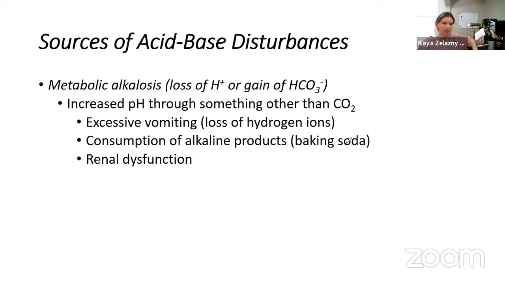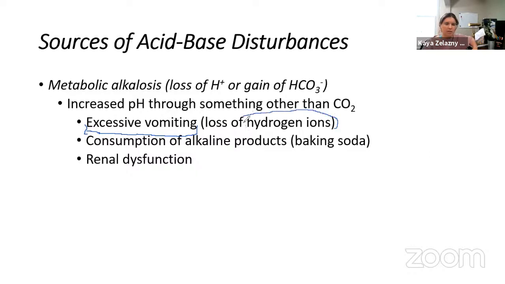And an interesting one here is excessive vomiting. So this is kind of the converse of our diarrhea. So diarrhea on the previous slide causes acidosis because you end up excreting a bunch of bicarbonate as waste, while in vomiting, it's coming out the other end. So we'll see as we move further through this unit that we have a lot of hydrogen ions in the stomach.